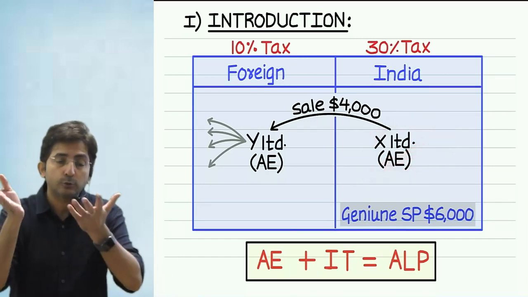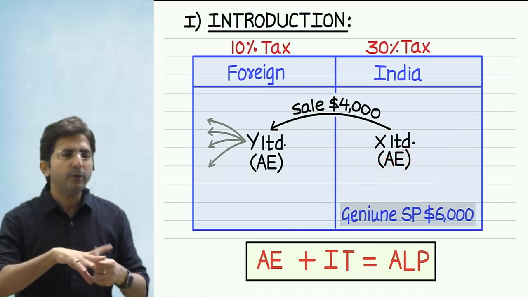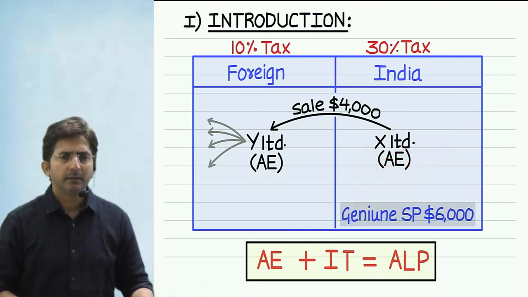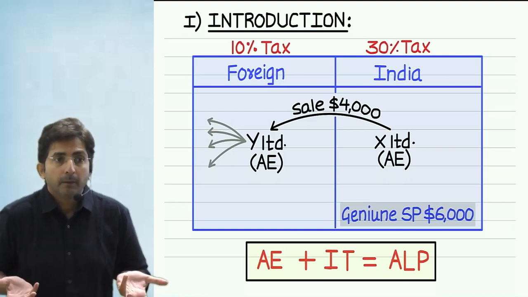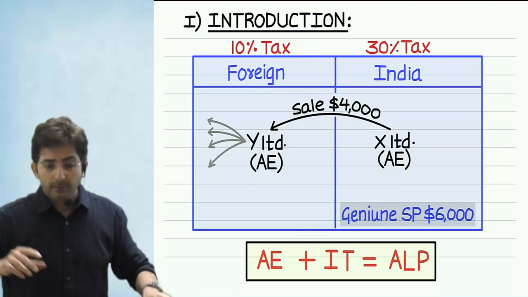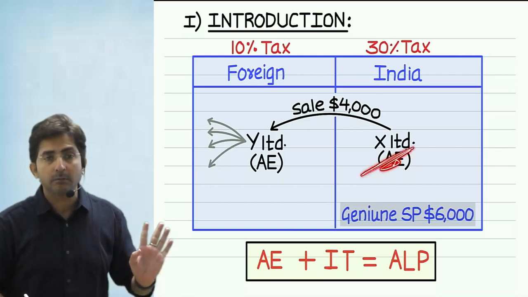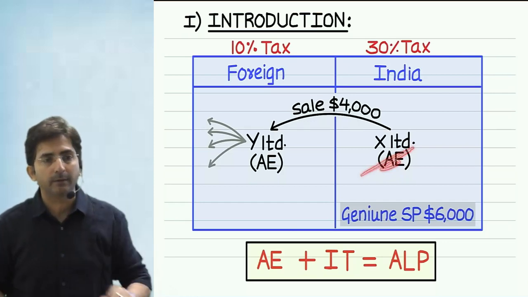They have to help X Limited in computing ALP, because computing ALP is a technical thing. I haven't yet explained how to compute ALP, but once you understand it, you will realize it's a technical thing which X Limited alone cannot do. It will have to take the help of a chartered accountant.